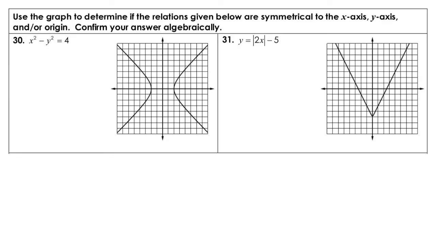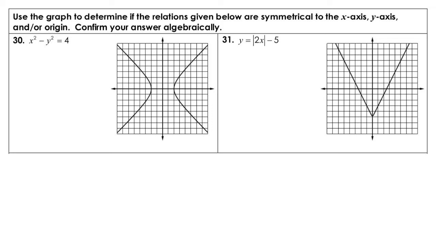The next part of your review, you're going to look at a graph to determine whether or not you're symmetric about the x-axis, the y-axis, or the origin. Looking at this, it looks like you might be symmetric to at least the x-axis, because we are a mirror image over that x-axis.